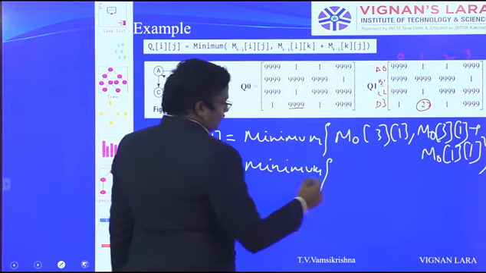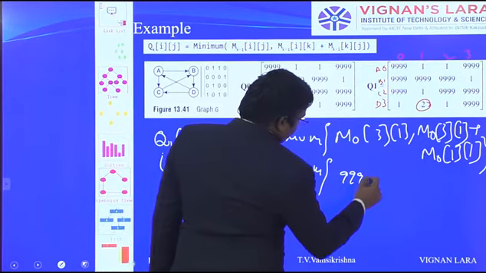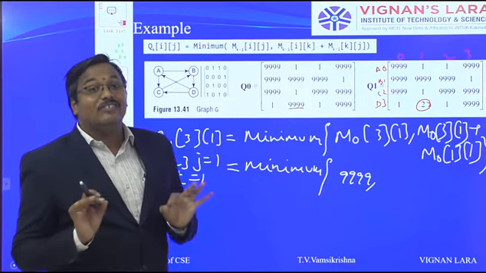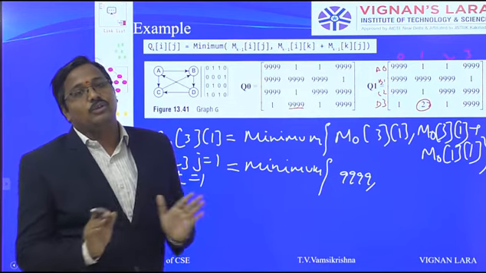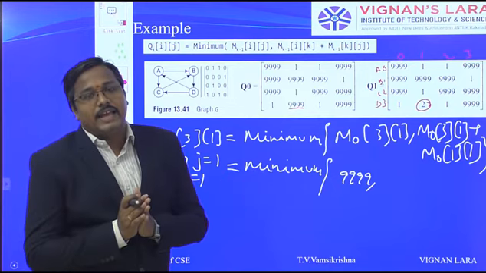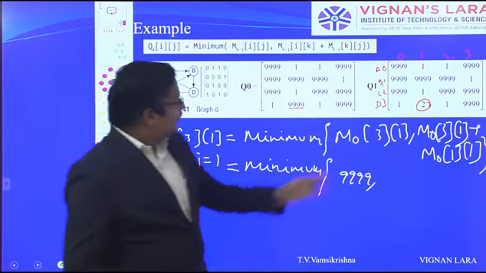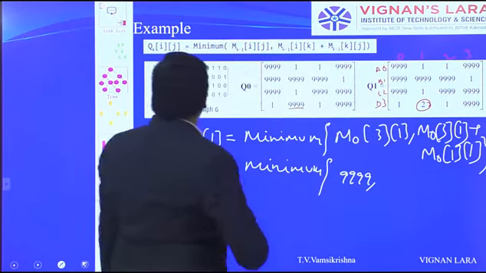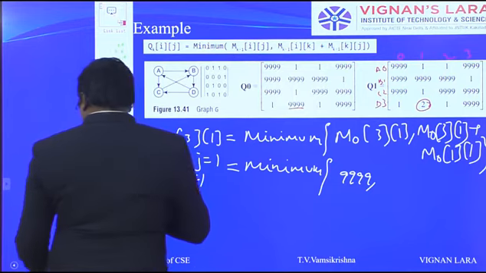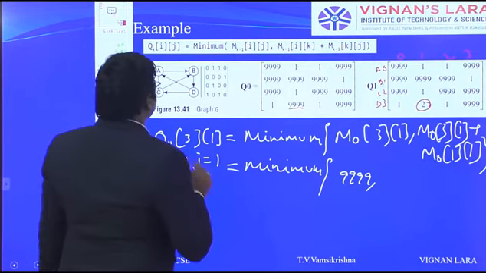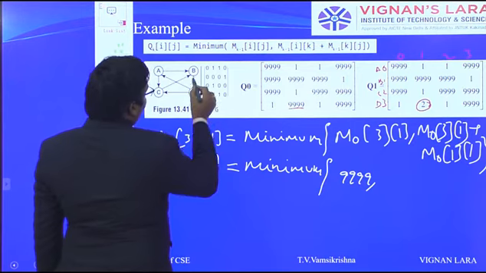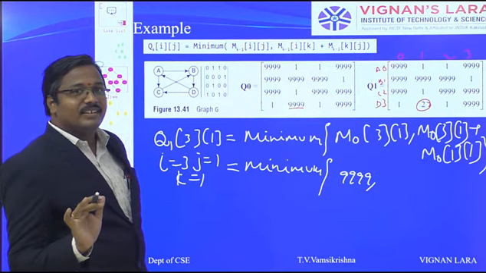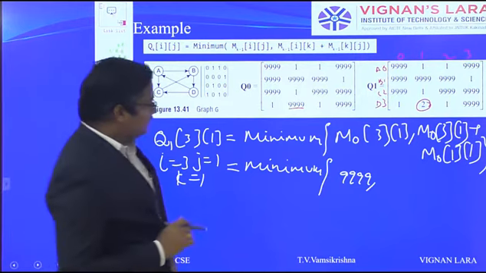M0 of 3 comma 1 means 999, which means infinity. We don't know the distance. There is no direct edge between D and B. Just see the diagram. Is there any edge between D and B? D to D is an edge, D to B there is no edge.